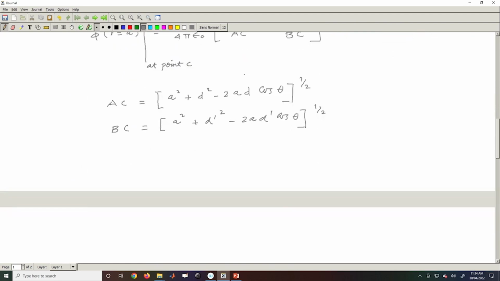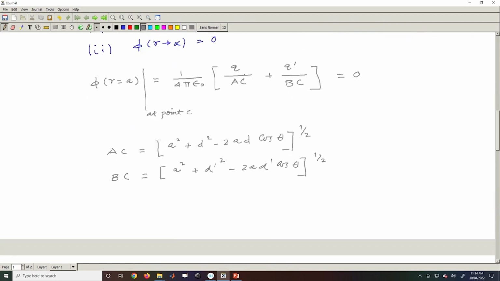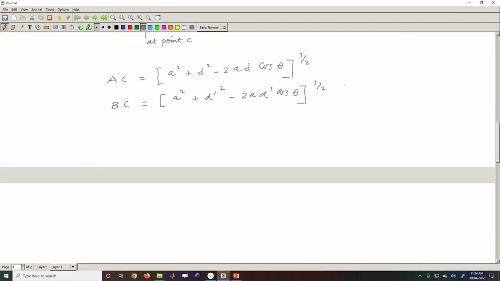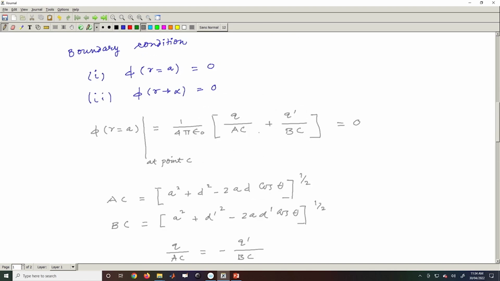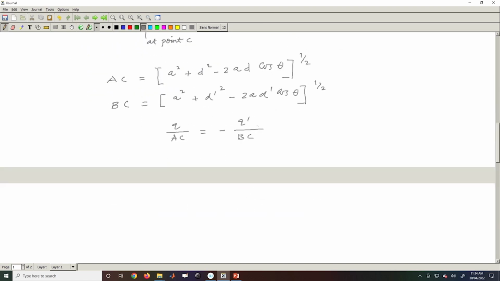Okay, so now if this quantity is equal to 0, that means Q divided by AC is equal to minus Q prime divided by BC. So that is the condition we are having. Now this is true for all the theta values, whatever the theta value you take.